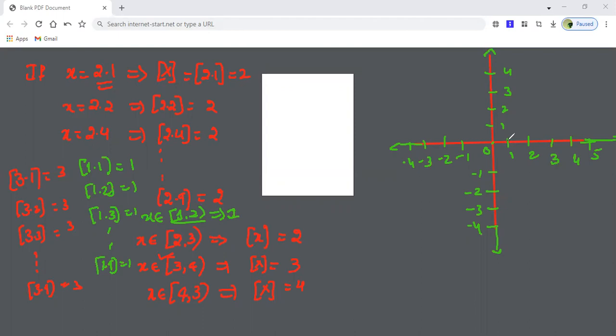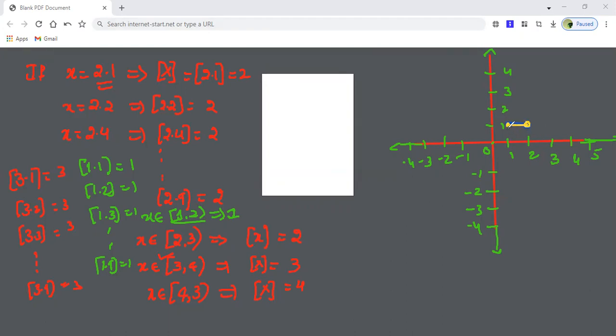So between 1 and 2, where 1 is included and 2 is excluded, the greatest integer function will be 1. It goes from 1 up to 1.9, so 2 will not be included. So this is included, this is excluded.